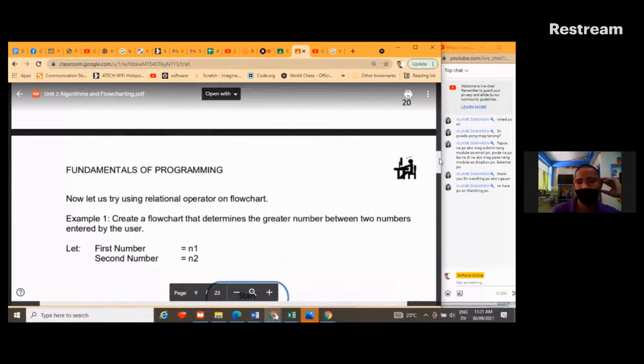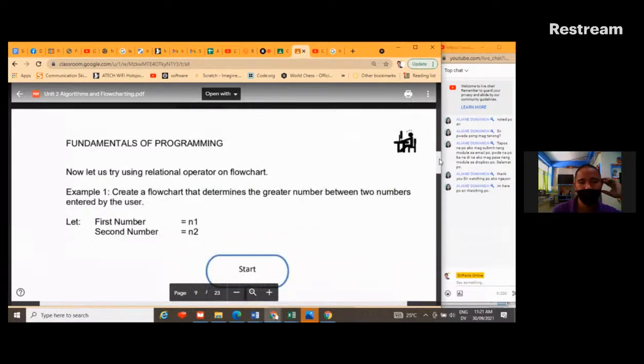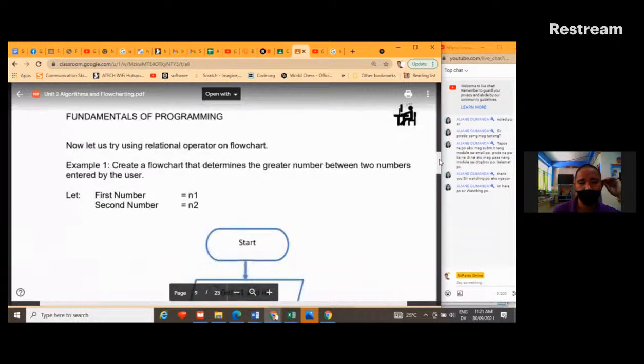Now let us try using relational operators on a flowchart. For example, create a flowchart that determines the greater number between two numbers entered by the user. Let the first number be N1 and the second number N2.